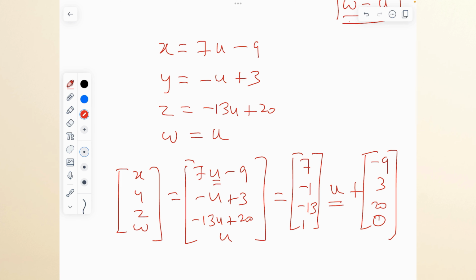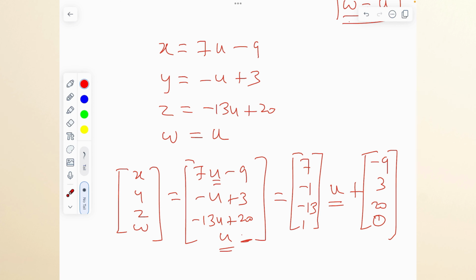Okay, because apart from u there are no numbers, so no need to worry. So minus 9, 3 and 20 have been written separately, and there is no number for the last row, so therefore we are writing 0. So the final answer is this one.